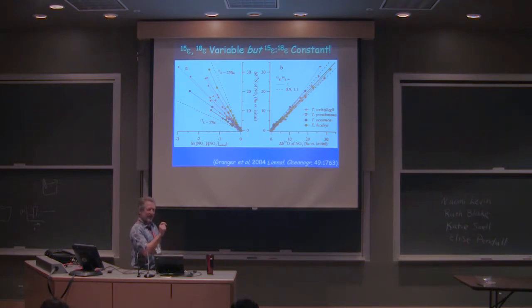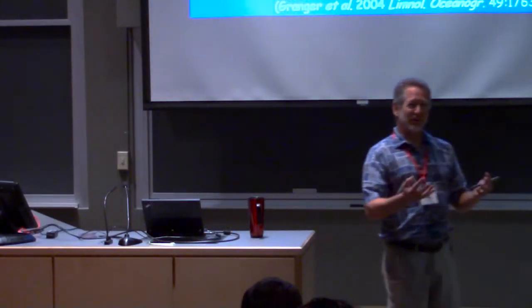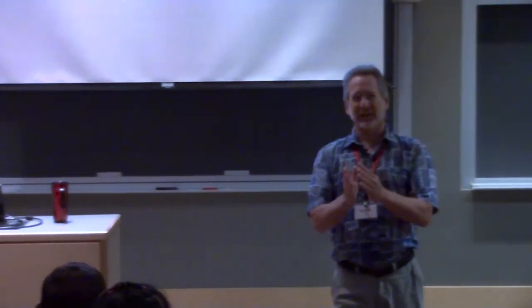Okay, a key observation in this study, which is by Julie Granger and others, is on the right. And that shows the delta 15N value of nitrate versus the delta 18O value of nitrate. And there's a one-to-one line. And it turns out that all of these data that show these really, really different slopes, really different fractionations, collapse on one nice linear relationship.